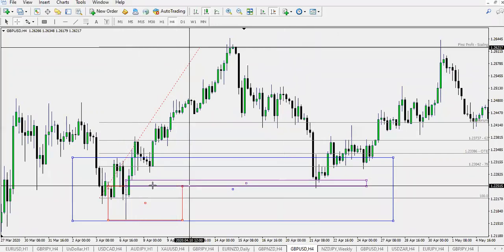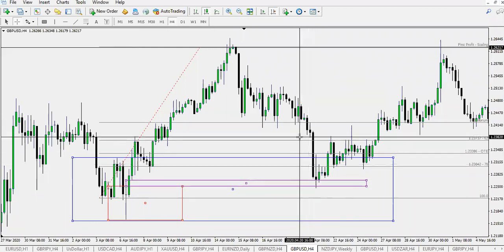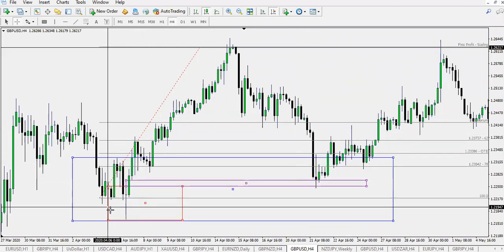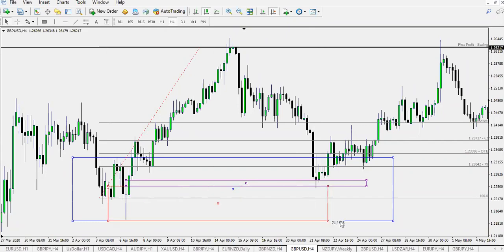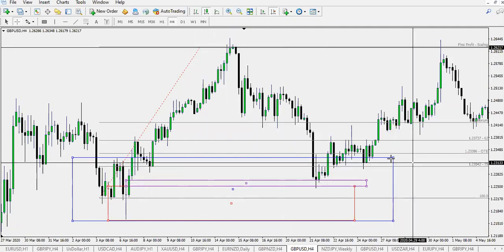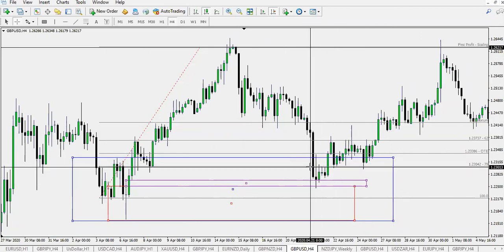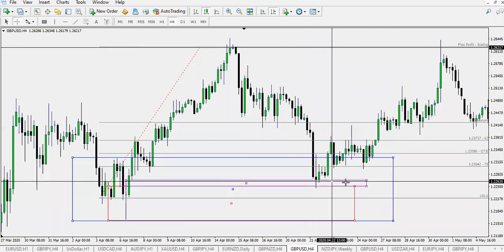So this gives us confidence that this move has now finished because it also tapped this 4-hour order block over here. So not only do we have a daily order block, we have a fair value gap, we have a 4-hour order block. And although the fibs that I have pulled here do not indicate that the 79% has been respected exactly, we have other confirmation.